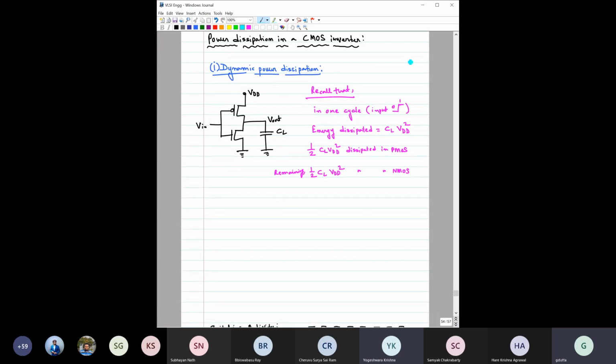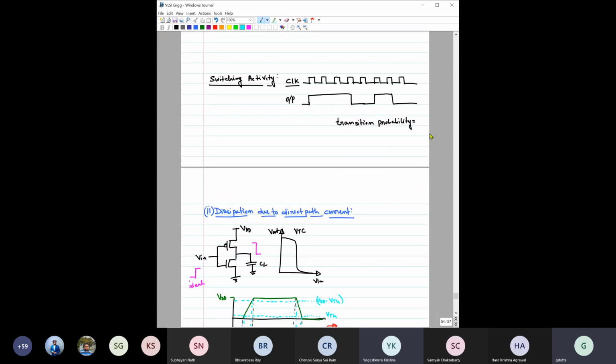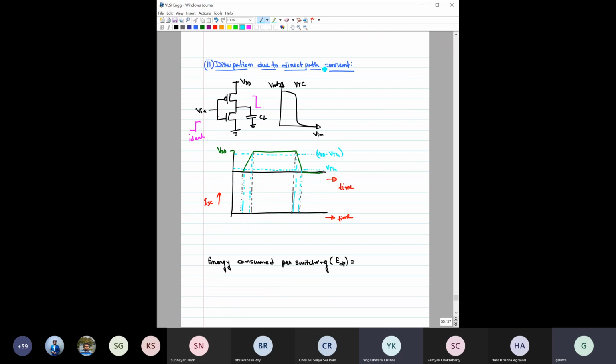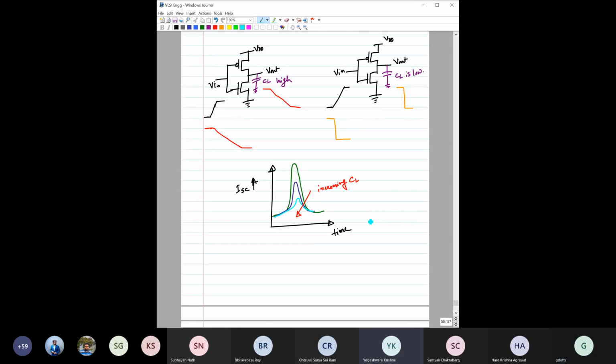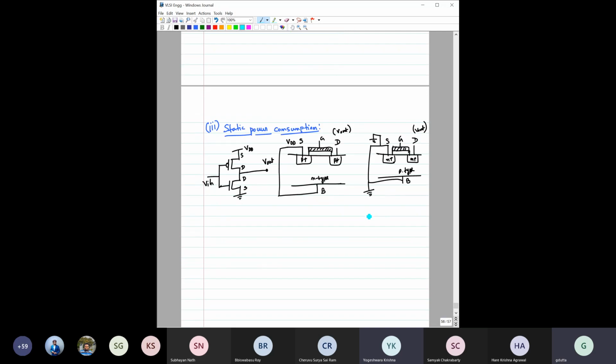Number one is the dynamic power dissipation. The second one is dissipation due to direct path current. And the third one is the static power consumption. Even though we have mentioned that static power consumption is zero for an ideal CMOS inverter, we will see here that practically we will have some finite amount of static power dissipation even in a CMOS inverter.